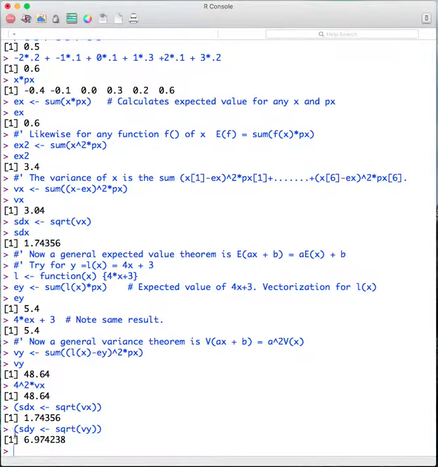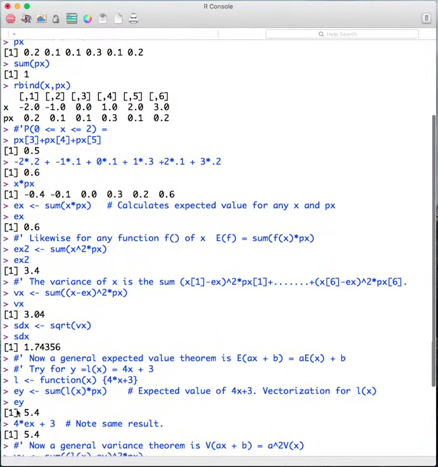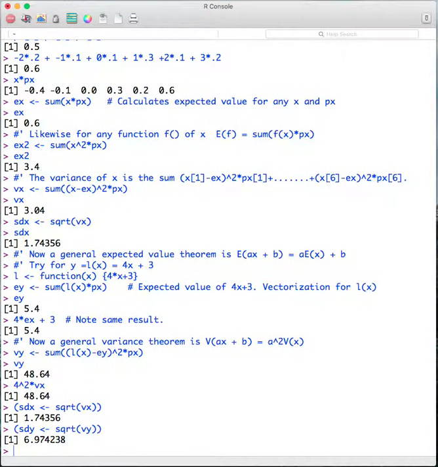Now, if you have a probability mass function, you could convert it to a cumulative distribution function by using a built-in R function. It's called cumsum.